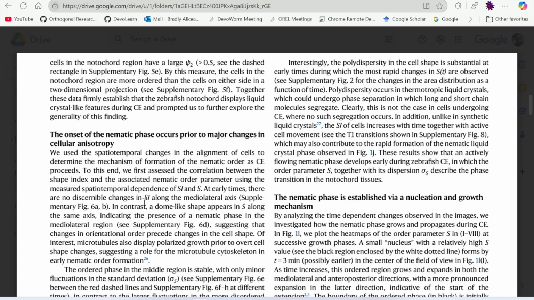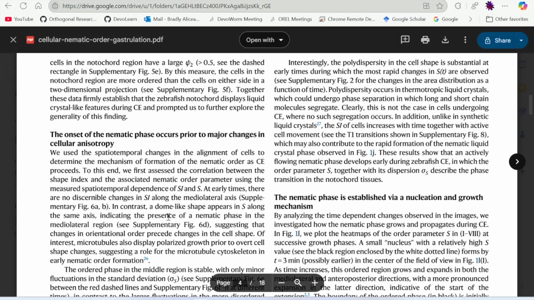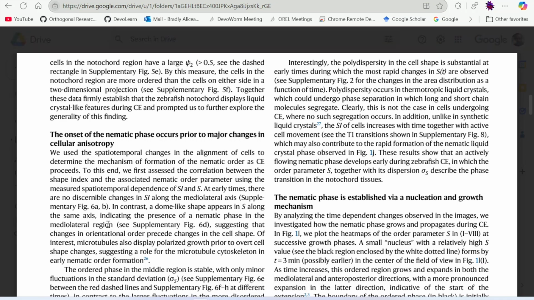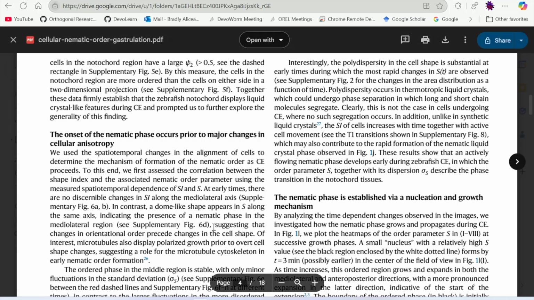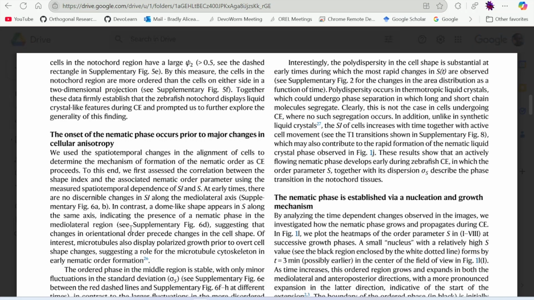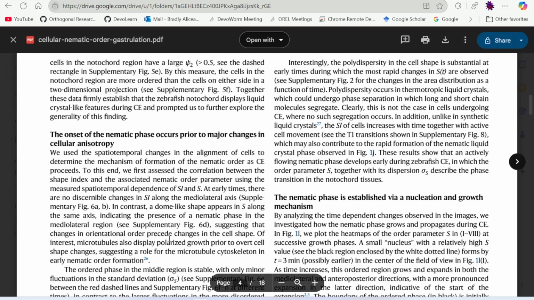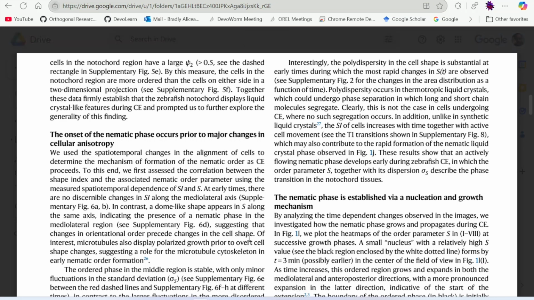In contrast, a dome-like shape appears in S along the same axis, indicating the presence of a nematic phase in the medial lateral region. So there's this local nematic phase, and it's governing this sort of transition, suggesting that changes in orientational order precede changes in the cell shape. So again, the order of the population of cells maybe locally can precede how the cell changes its shape.